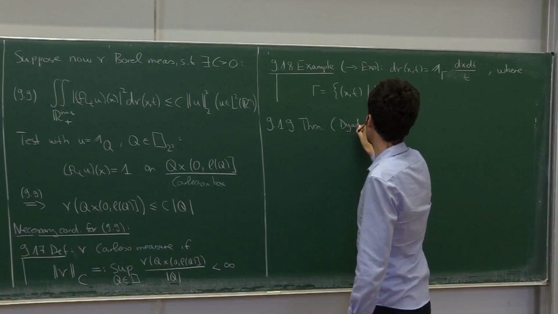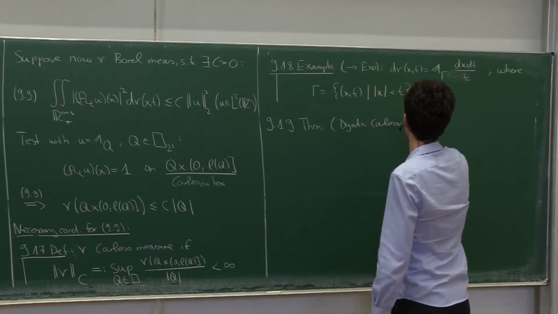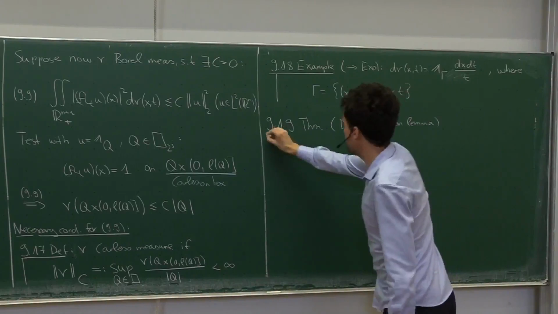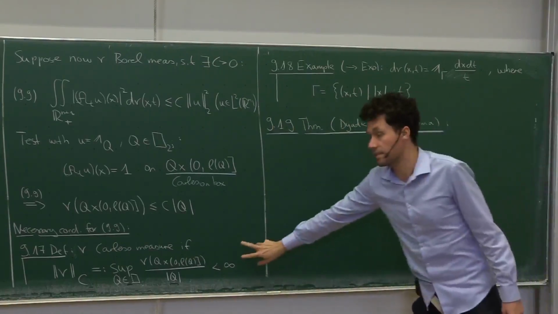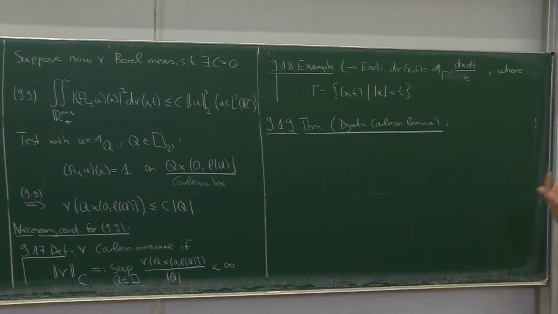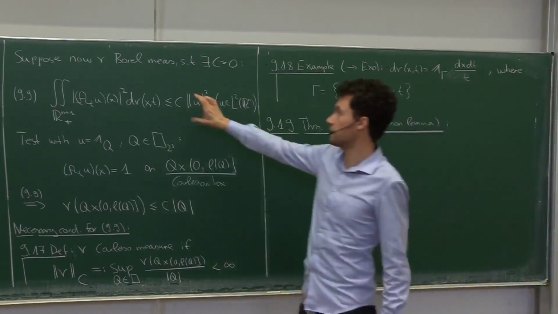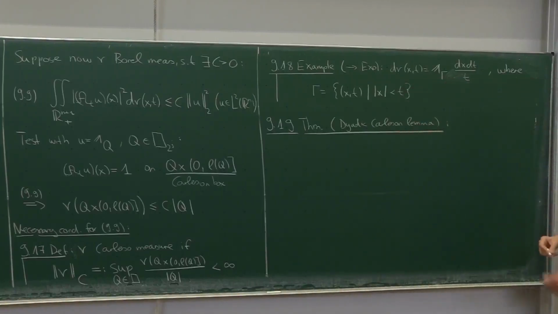So it's the dyadic Carlson lemma. And it says that this condition is not only necessary but also sufficient. So it characterizes the measures for which this works with averaging operators: they are precisely the Carlson measures.